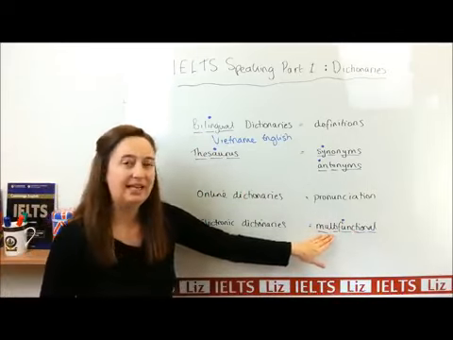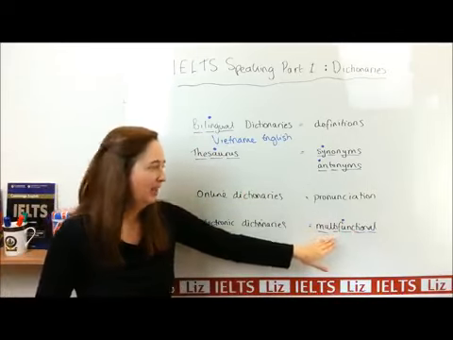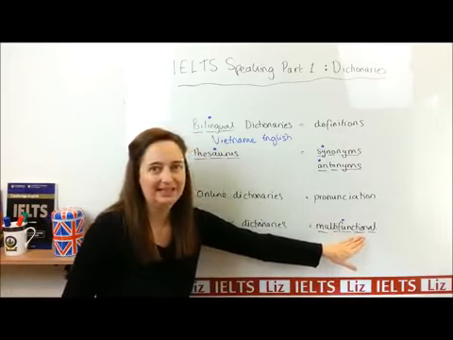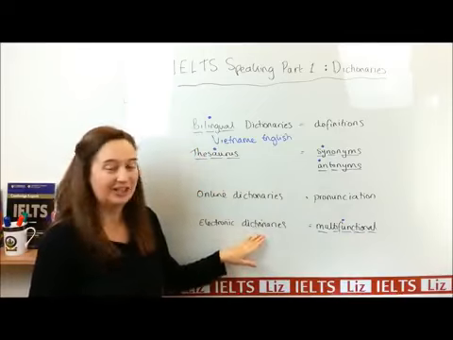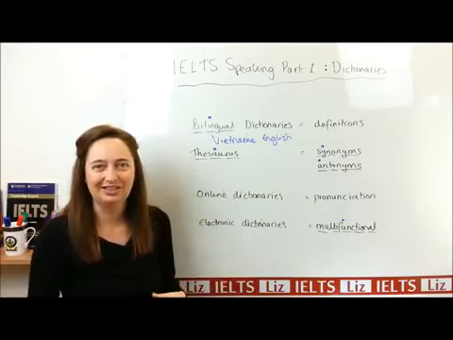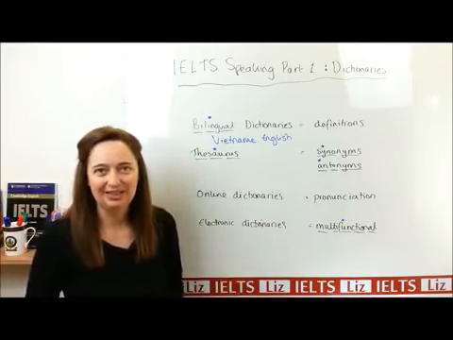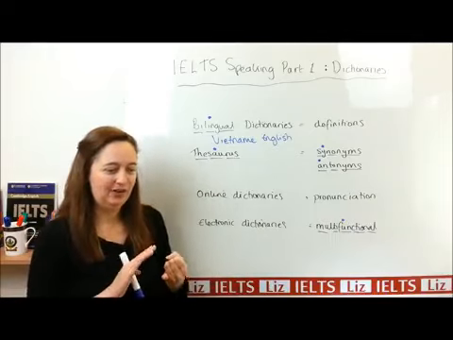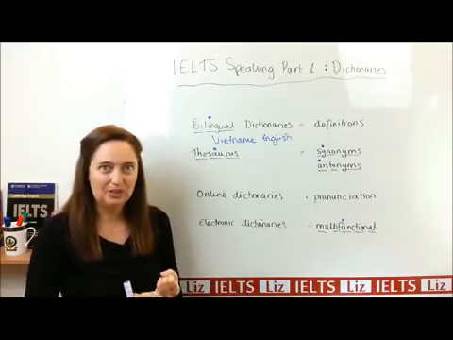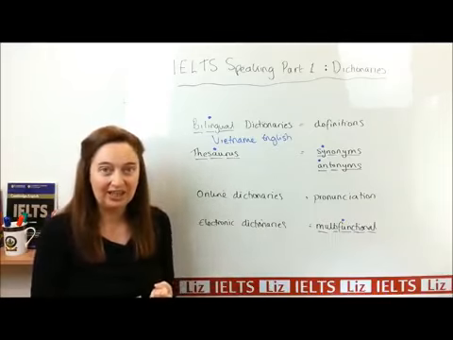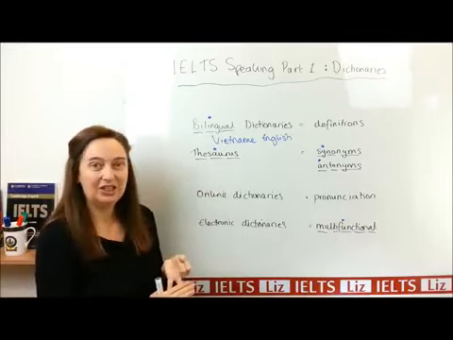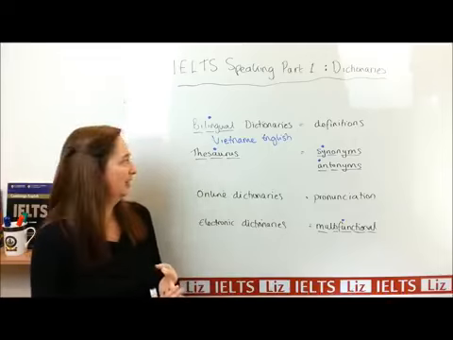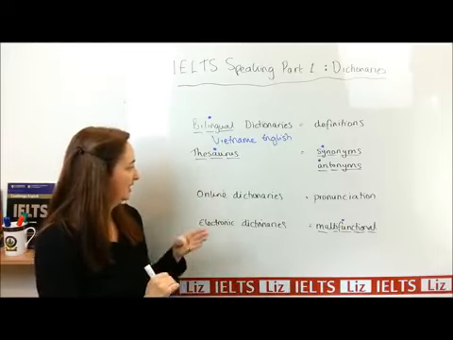Multi means many. Functional means the functions. So an electronic dictionary has many functions. Some electronic dictionaries have an encyclopedia, which is a dictionary of knowledge. They have bilingual dictionaries, monolingual dictionaries, thesauruses.